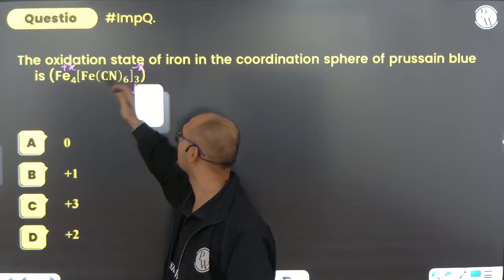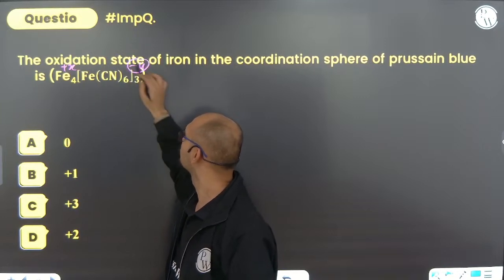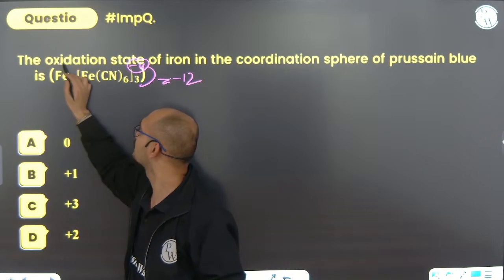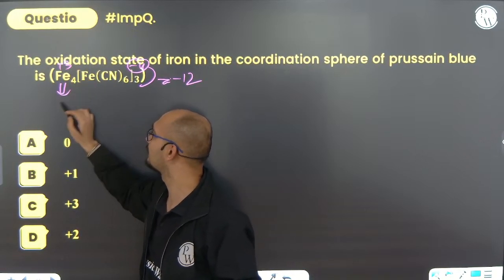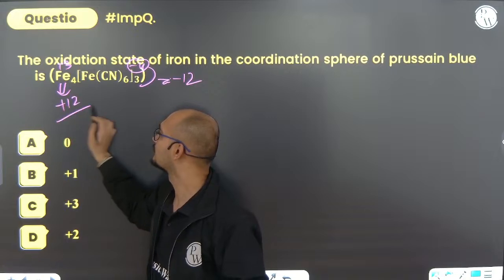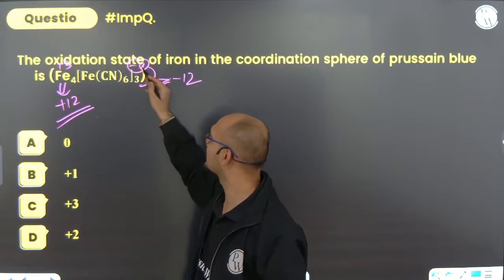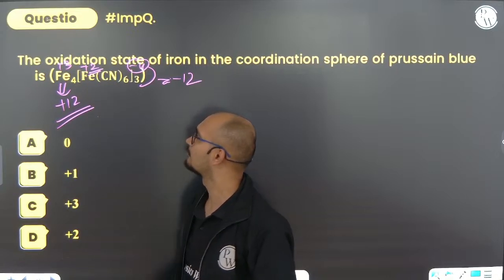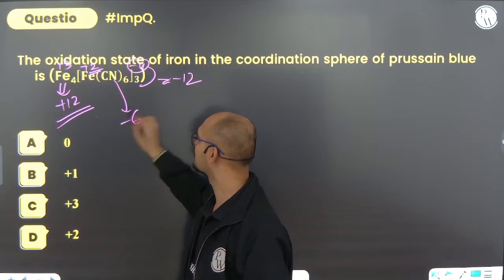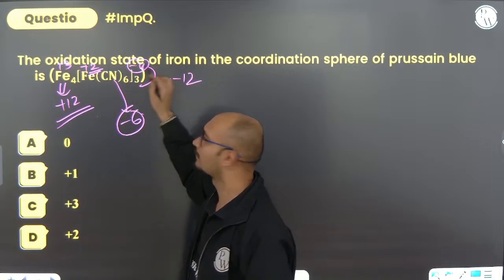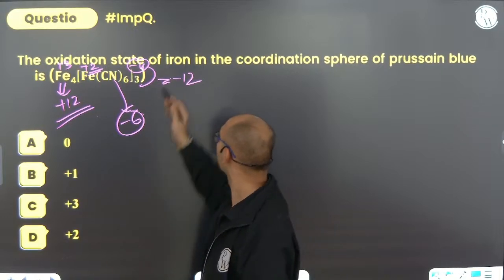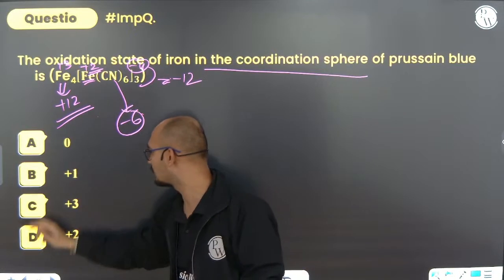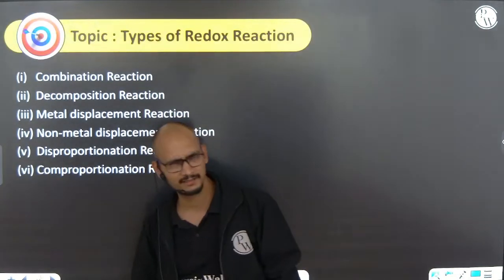Can we say that -4 into 3 will give -12, and +3 multiplied by 4 will give +12. Yes, it is going correct. But for making it -4, how much oxidation state should the iron have? +2. Why? Because cyanide is -6, and -6 + 2 gives -4. Of course, we can say that the iron in the coordination sphere has the oxidation state +2. Not a big deal. Easy, right?